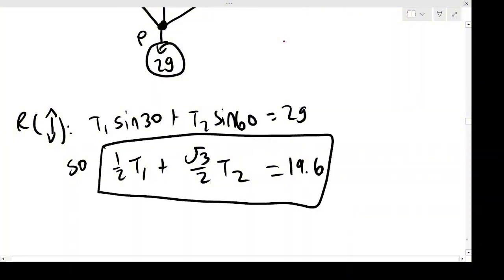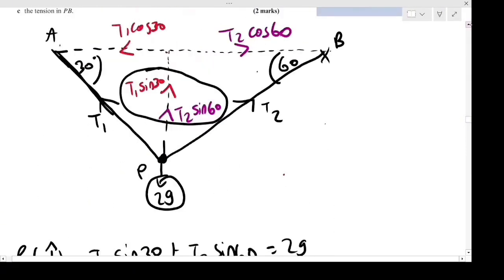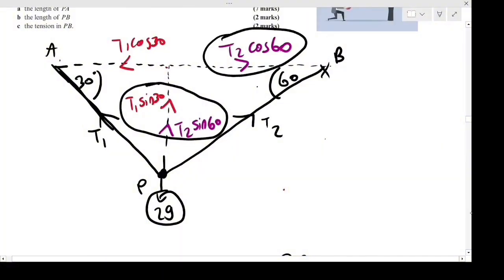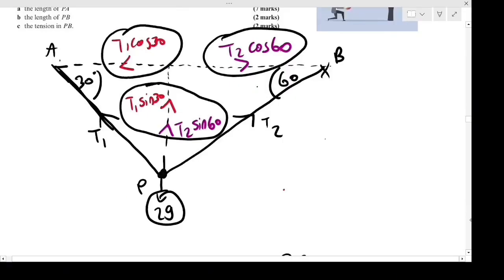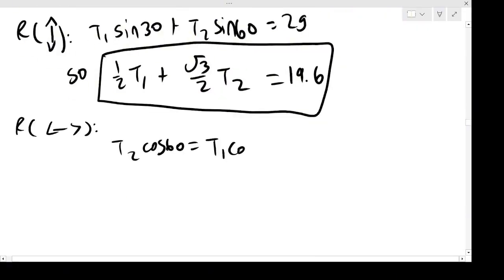I can also then look right and left, horizontally. Well, my force to the right is this T2 cos 60. And that has to equal the opposite force, which is going to be T1 cos 30. Again, I know what cos 60 and cos 30 are.